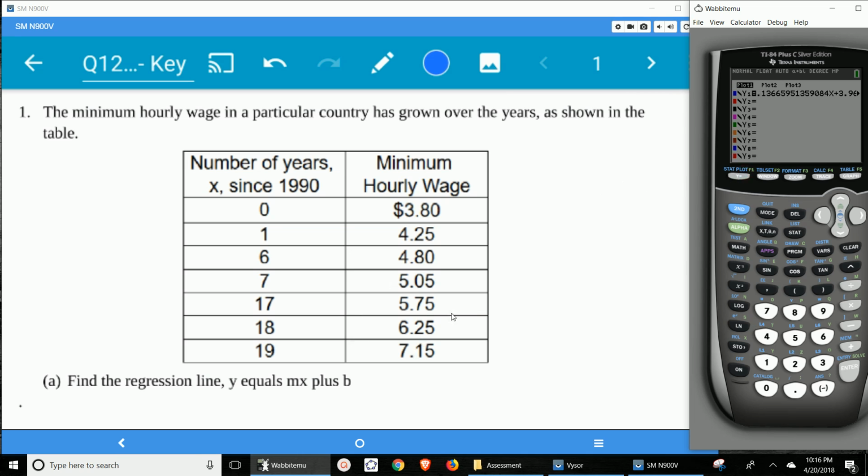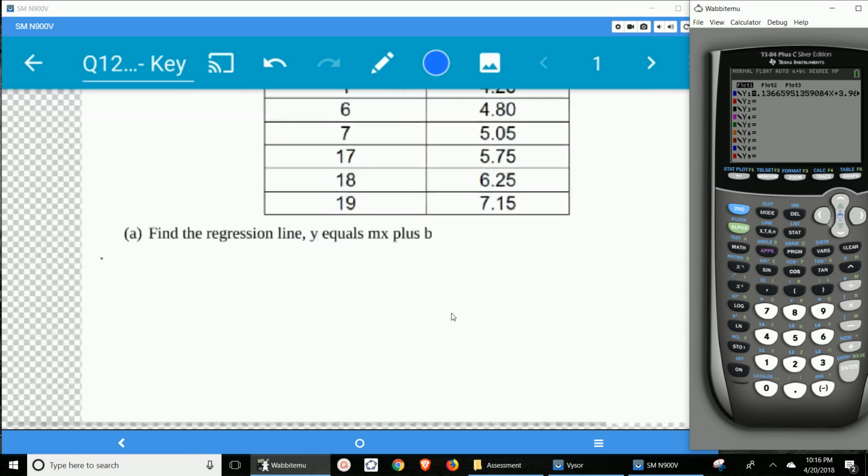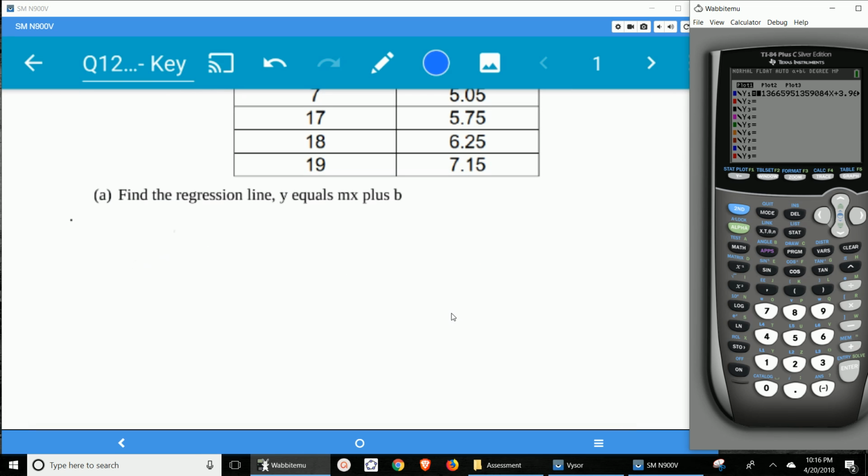So I'm just going to round this off to a couple of decimal places. So 0.14x plus 3.96 it looks like.